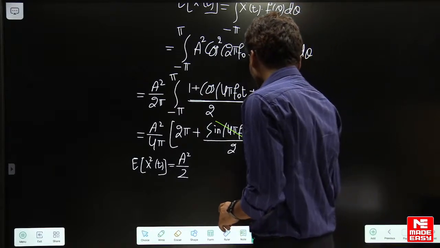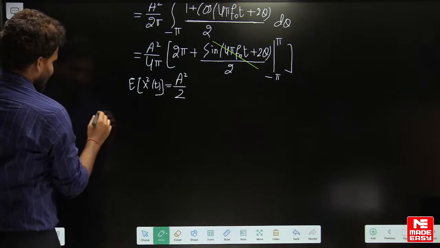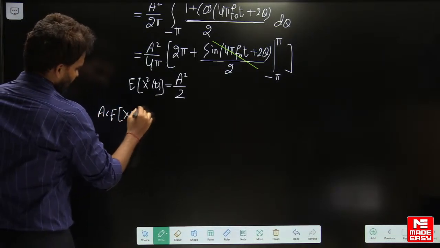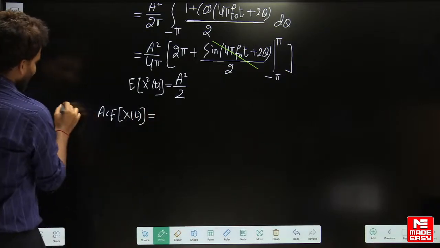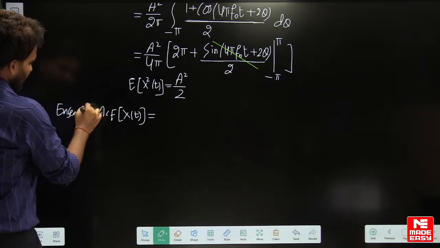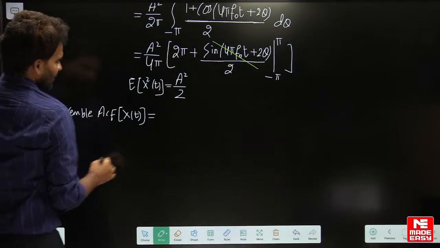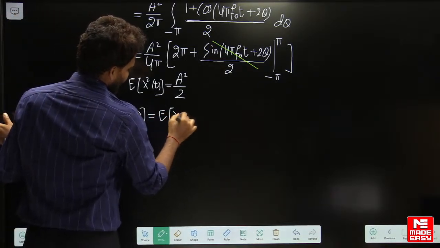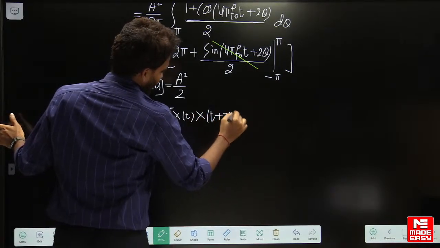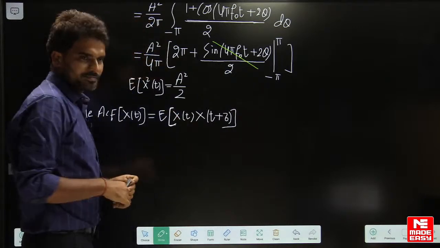Okay, now ACF, if you see, this is the ensemble ACF. So this is the expectation of xt into xt plus tau.